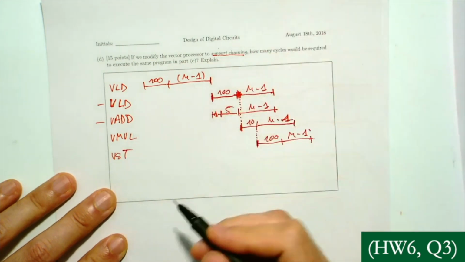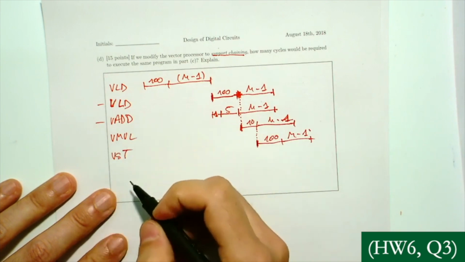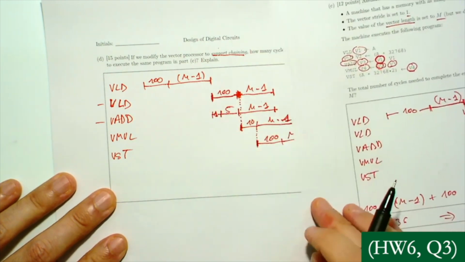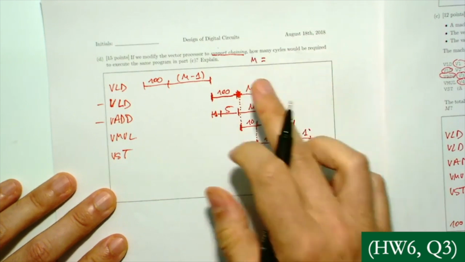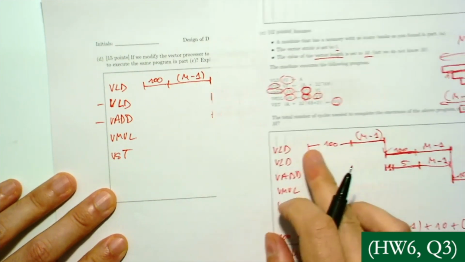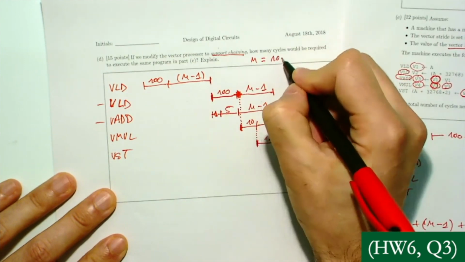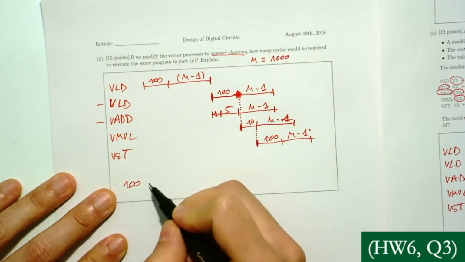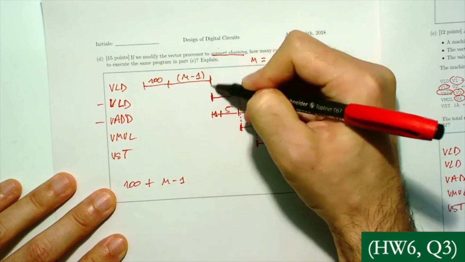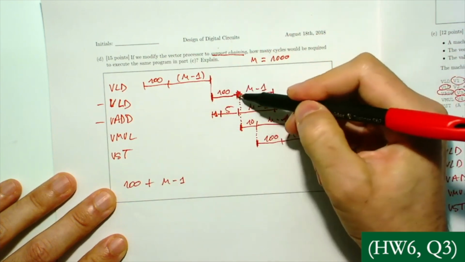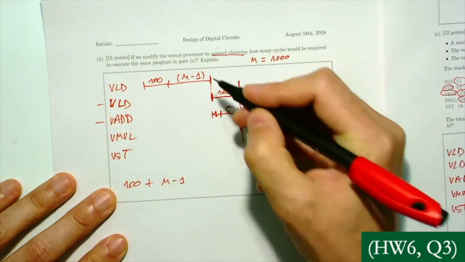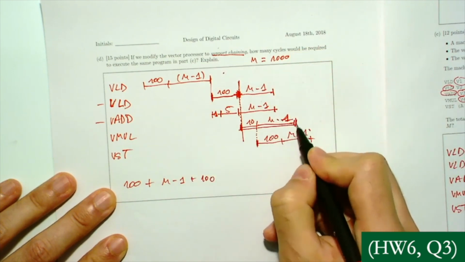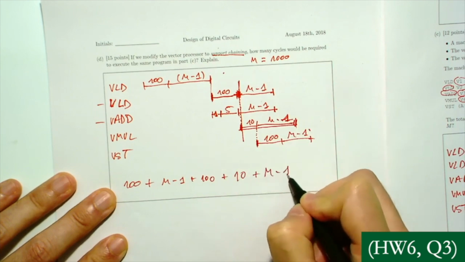And if we formulate this equation, m is the value from the previous question, so n is 1000. So we have the latency here is this one plus this one, 100 plus 10 plus n minus 1.